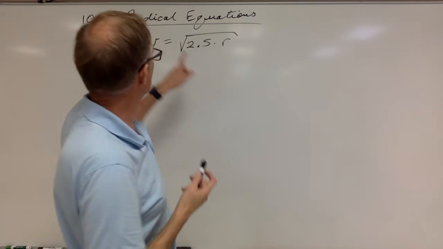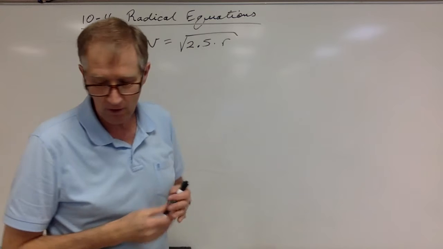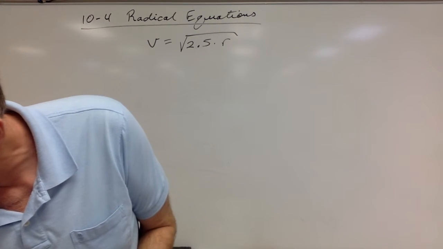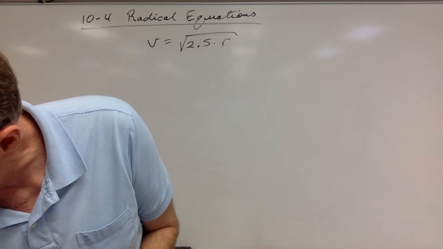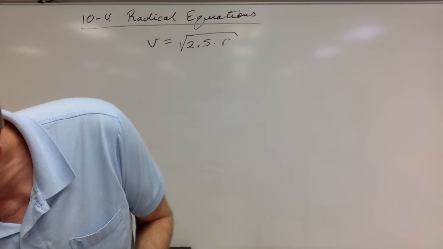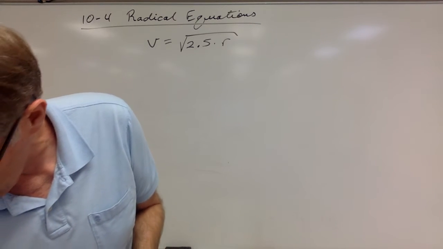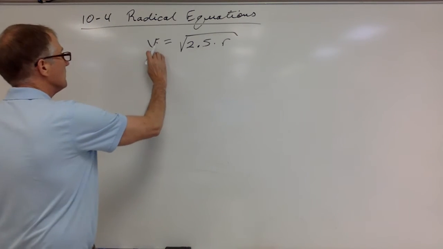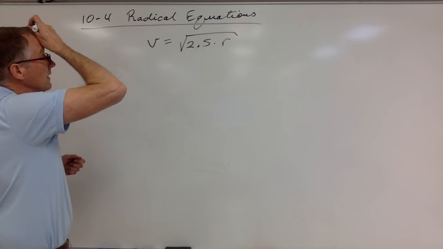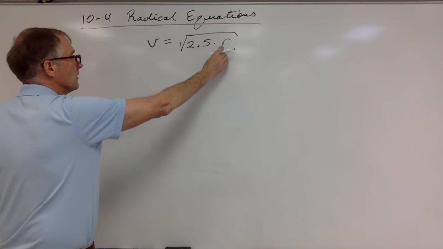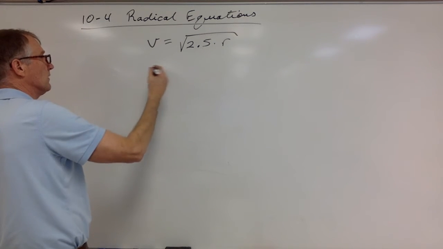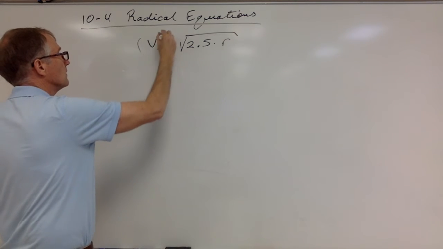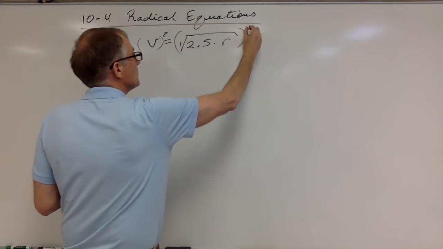But what if I gave you the speed and I wanted you to solve for r? That's what they're doing in this example at the top of page 643. They say, what if the road is designed for a maximum speed of 65 miles per hour? So what if v is 65? How do I solve for r? Well, square everything. So v squared, I'm going to square this, and square this.